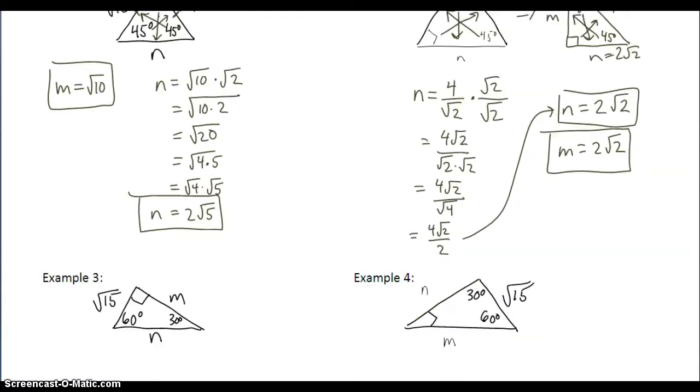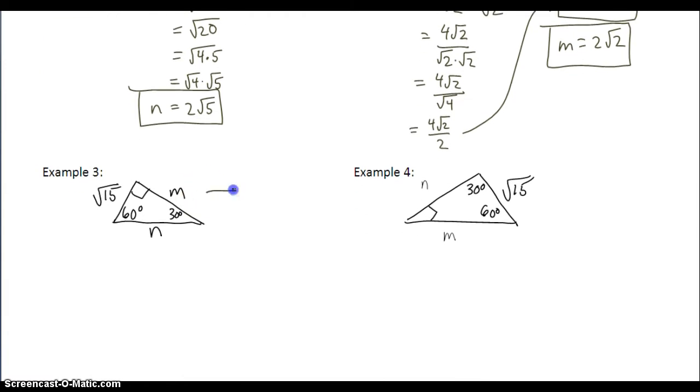In example 3, I'm going to redraw my triangle so it's oriented like my example. It's a 30, 60, 90 triangle. So I'm going to make this my 30 and this my 60 degree angle. My hypotenuse is n. My shortest side is the square root of 15, and my middle side is m.